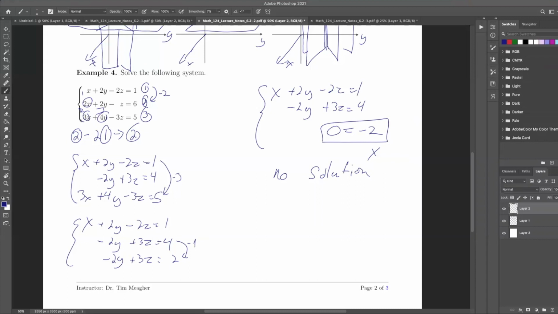Because I'll have x, all right, and the next one is 2x plus y plus 4z. I got 2 z's there.